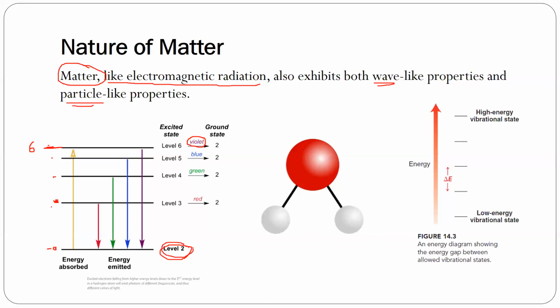Okay? Again, there are no in-betweens. Hindi pwedeng hanggang level 2.5 lang siya. So, for example, pag ang ginawa mo naman is level 5 to 2, okay, just like you're seeing here in the blue part, okay, ibang energy naman yon, ibang wavelength, ibang frequency. Okay? So, there are specific energy levels lang.